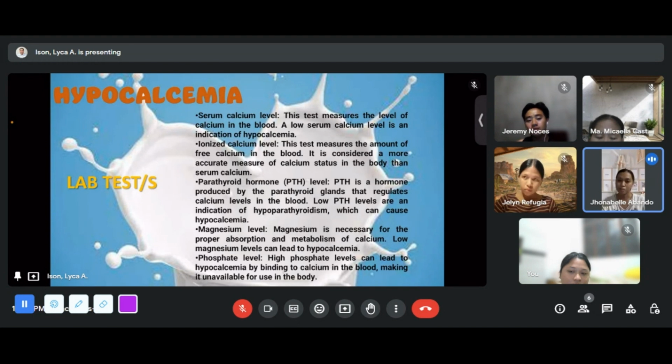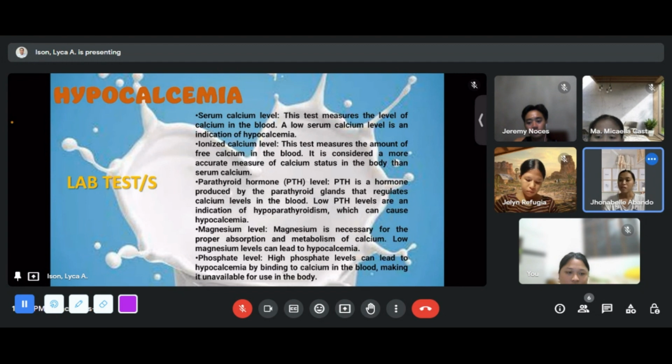Next is lab test. So, meron tayong serum calcium level, ionized calcium level, and parathyroid hormone level na same lang din sa natalakay kanina sa hypercalcemia. So, fourth is magnesium level. So, ang level ng magnesium sa body ng neonate ay kailangan matest para malaman if may hypocalcemia si baby.